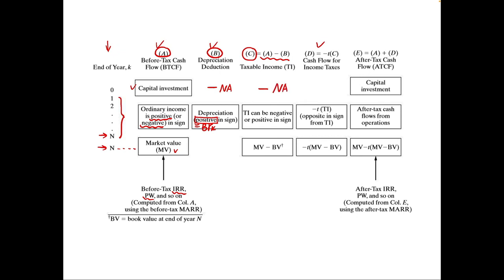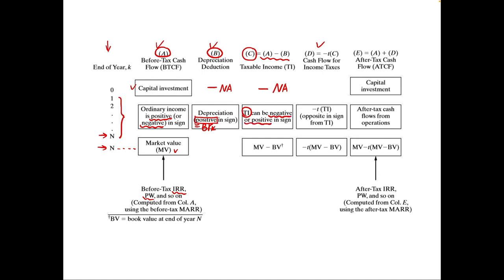But from year 1 to year N, you fill it with the result of the cell in column A minus the number in column B. We say that is the taxable income because that's your gross income minus your depreciation deduction. So that's the taxable income, TI, and this number can be negative or positive in sign.